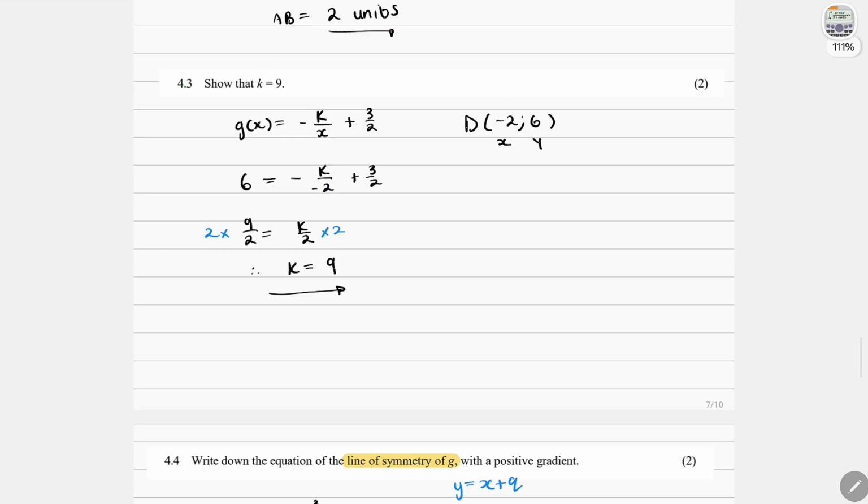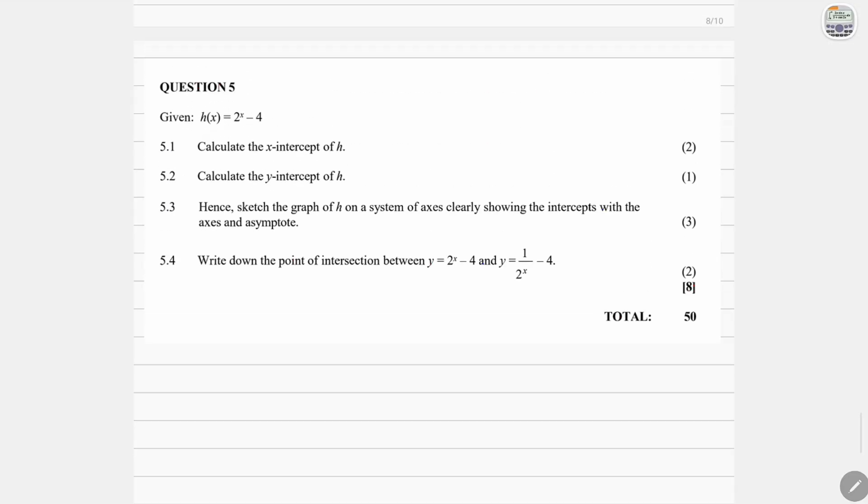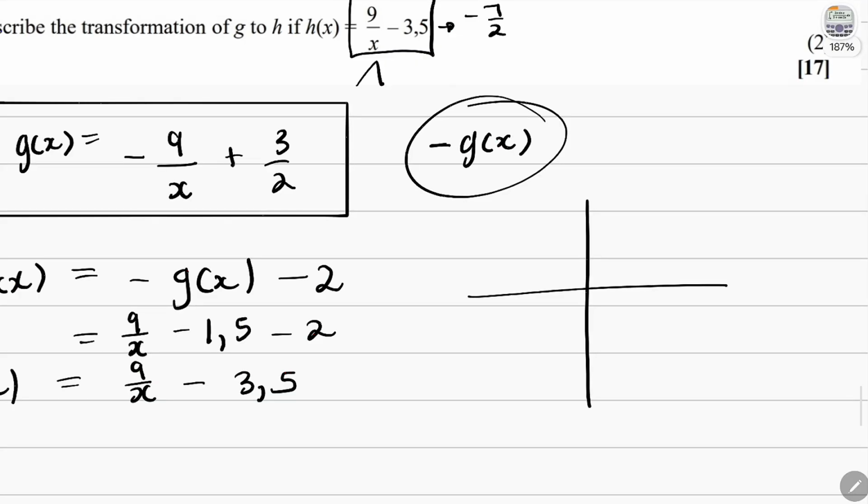Let's take the point that was already on g, negative 2 and 6, and see what happens when you multiply its y value by negative 1. All the y values of g get multiplied by negative 1, so you're going to end up with a negative 6. So this point is going to be negative 2 and negative 6.